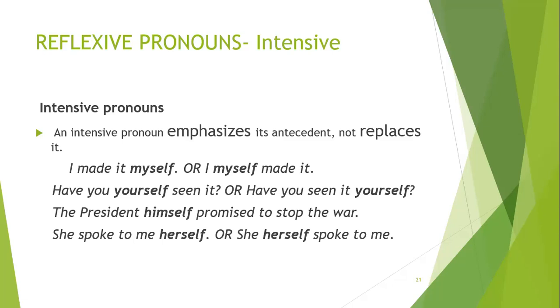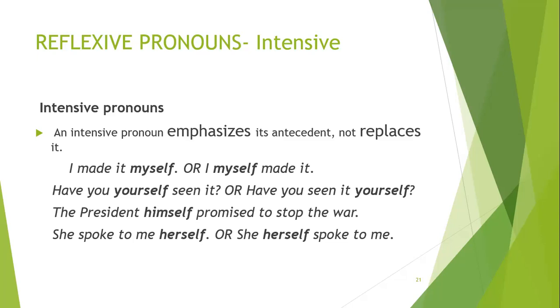Have you yourself seen it? The person could have easily asked, have you seen it? But if the person says, have you yourself seen it, or have you seen it yourself, you feel the weight, the intensity of what is being said. The president himself promised to stop the war. It means nobody else did it, it was the president.